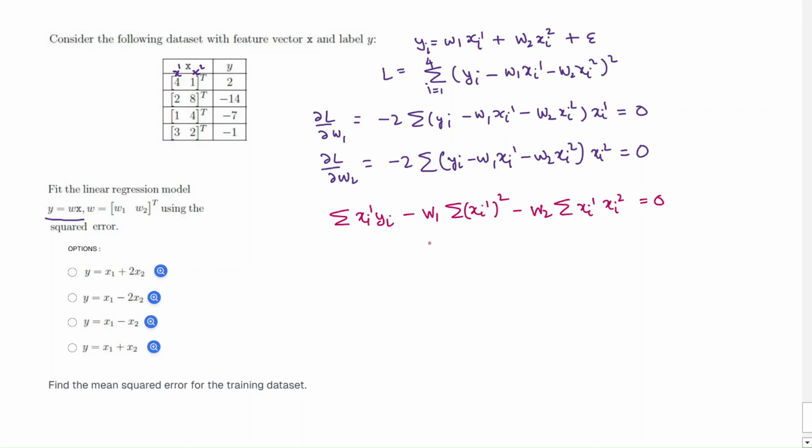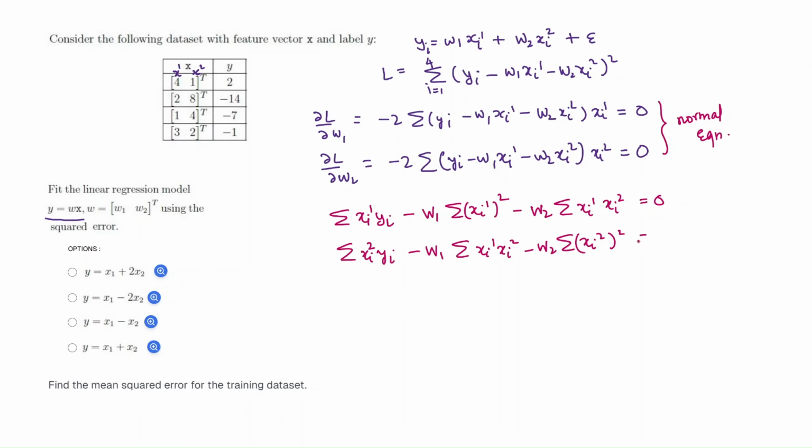In fact, these are called normal equations, by the way. And what is my second equation? My second equation would be summation xi2 yi minus w1 times summation xi1 xi2 minus w2 times summation xi2 whole square equal to 0.